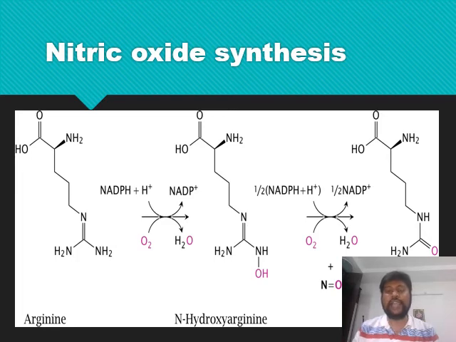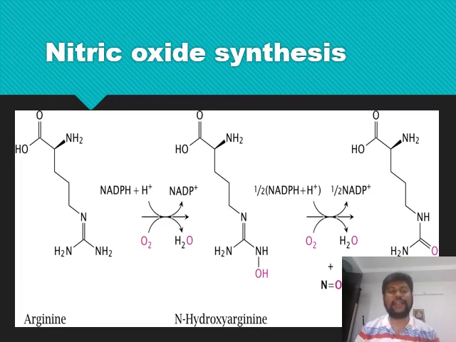In addition to that, it also plays a direct and major role in free radical scavenging, bactericidal activity of macrophages, detoxification process within the liver, methemoglobin conversion, and also nitric oxide synthesis.